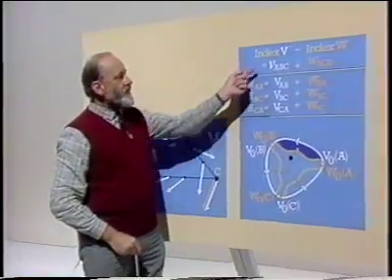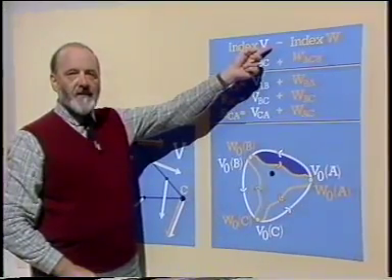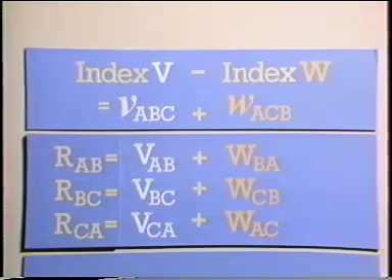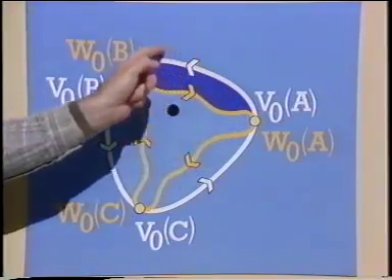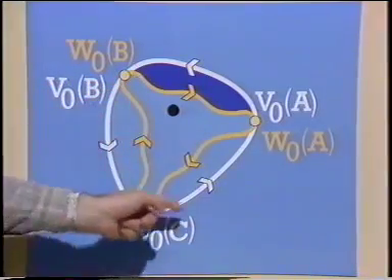Then the sum of the two winding numbers is the difference of the indices, and it can be expressed as the sum of three winding numbers: the winding numbers of this little outside loop, of this little loop here, and of this one.